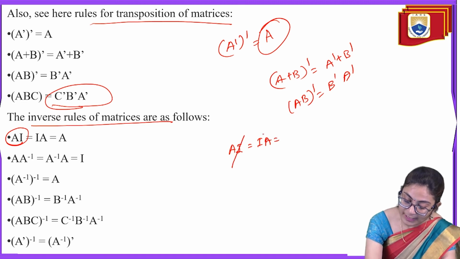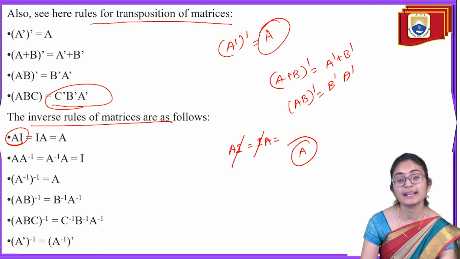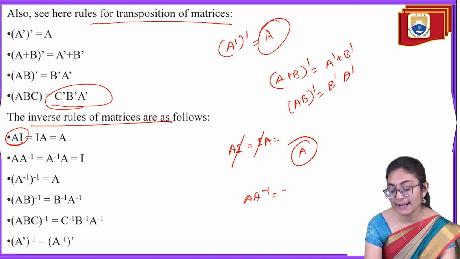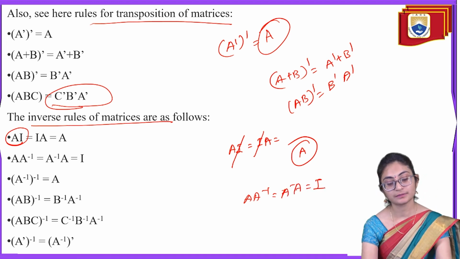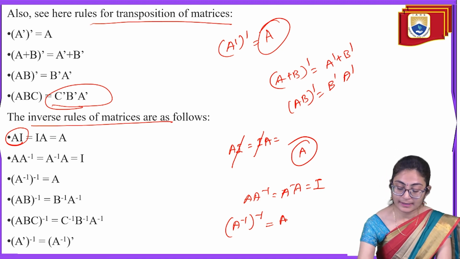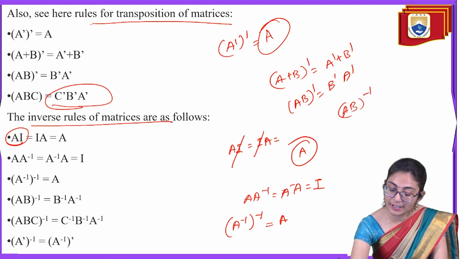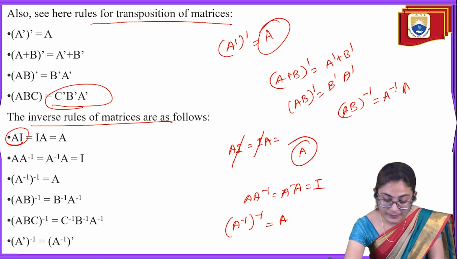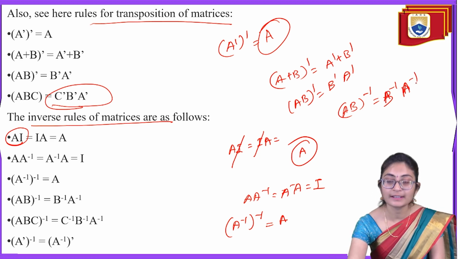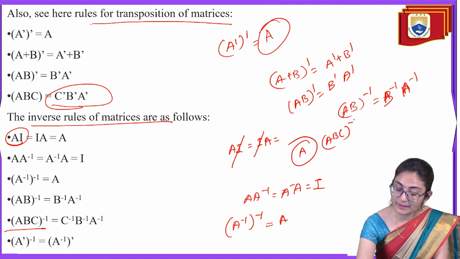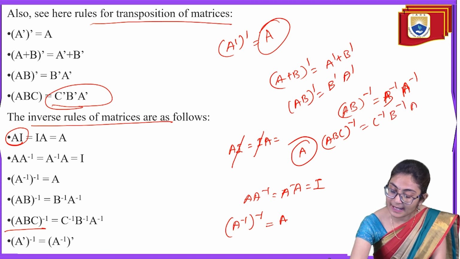That means here the I will cancel and we will get the A value. A into A inverse or A inverse into A is equal to I. Whenever you write inverse of A inverse, it is always equal to A. And when you write the inverse of a product, you distribute: ABC inverse means C inverse, B inverse and A inverse.